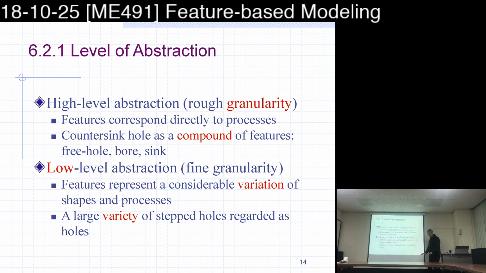Low-level abstraction means smaller size, fine granularity, and that is still a feature tree. High-level feature, low-level feature. Features represent a considerable variation of small shape and process, so there are a variety of steps also.